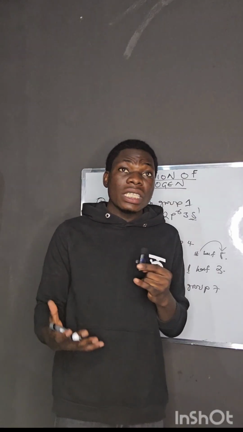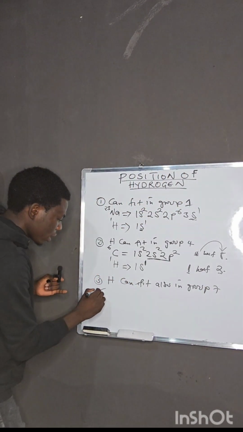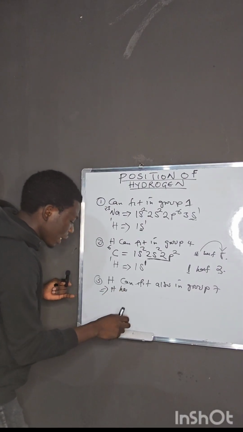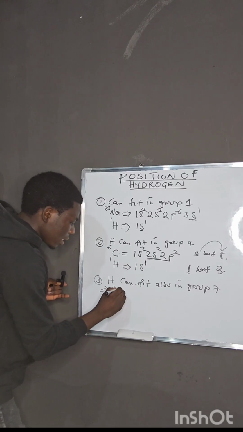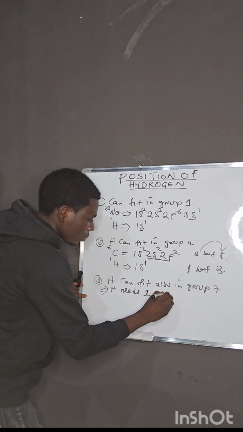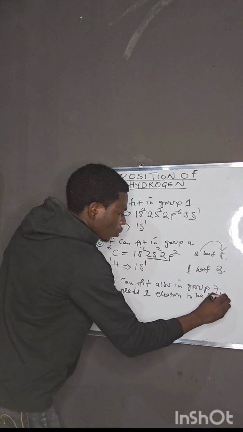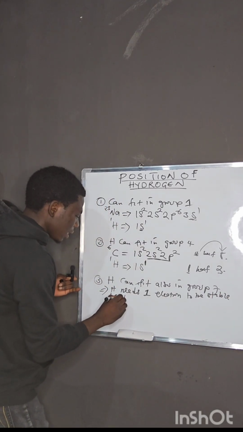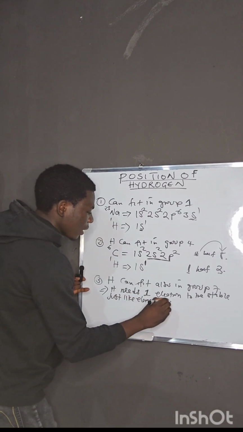So hydrogen can fit in group 7 because we can say it needs 1 electron to be stable, just like elements in group 7.